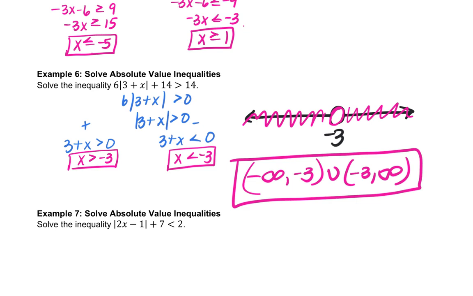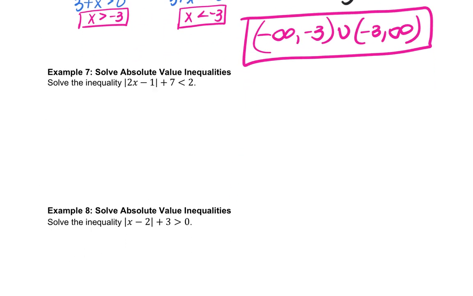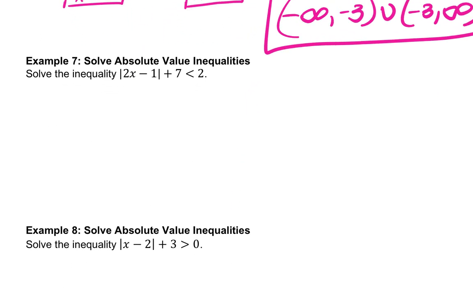All right, last 2 examples. So these are special cases. So solve it. The absolute value of 2x minus 1, minus 7, is less than negative 5. Can an absolute value be equal to a negative number? No, because remember, an absolute value means it's absolutely positive, right? Well, if it can't be equal to a negative number, can it be less than a negative number?